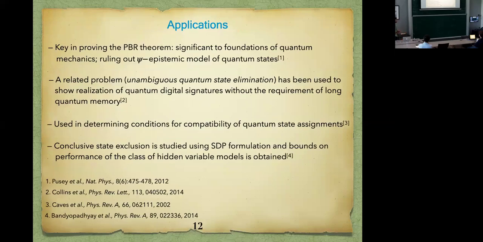Okay, the anti-distinguishability task is interesting mathematically, but why is it important to look into it? Well, it turns out that anti-distinguishability has several applications. To begin with, it has been used to answer some fundamental questions about quantum states. There is this theorem known as the PBR theorem, named after the authors.